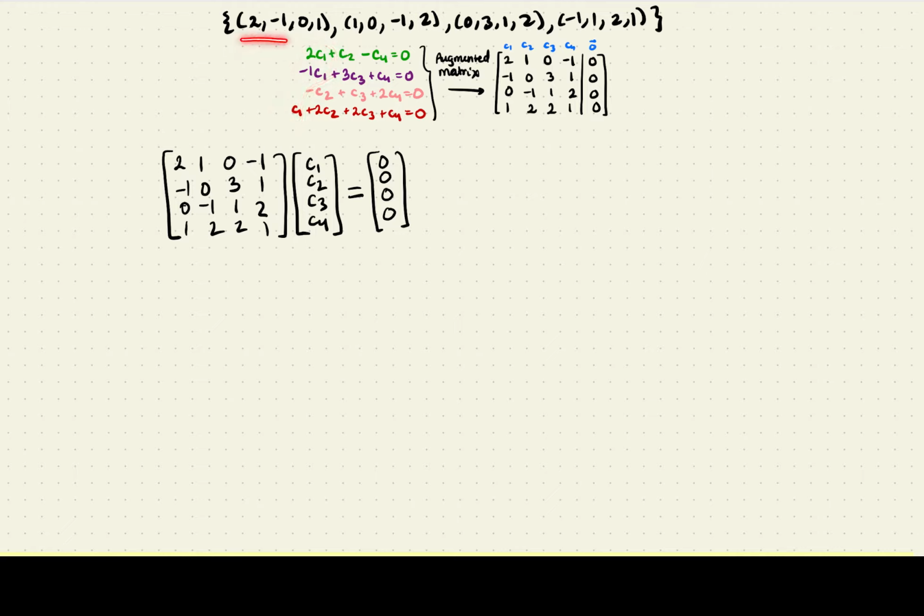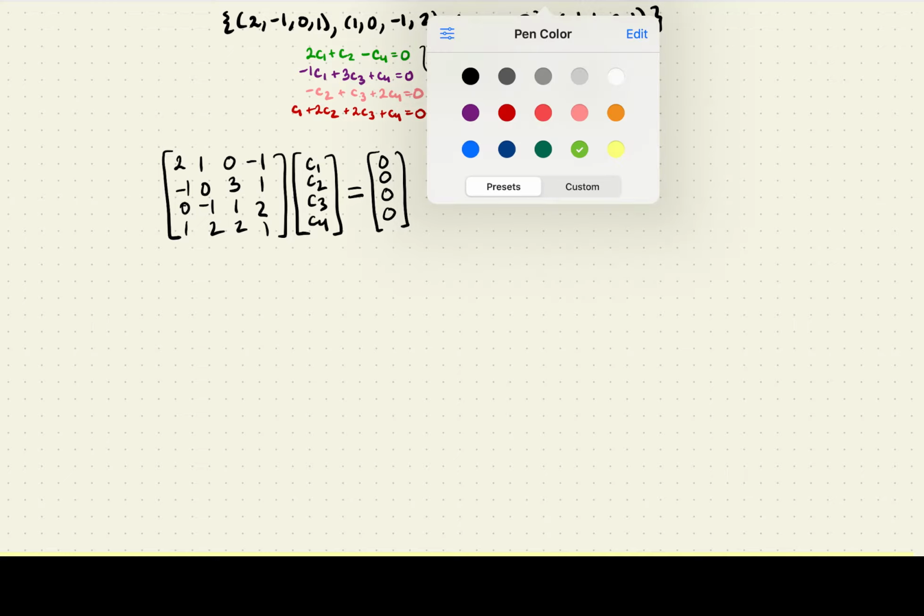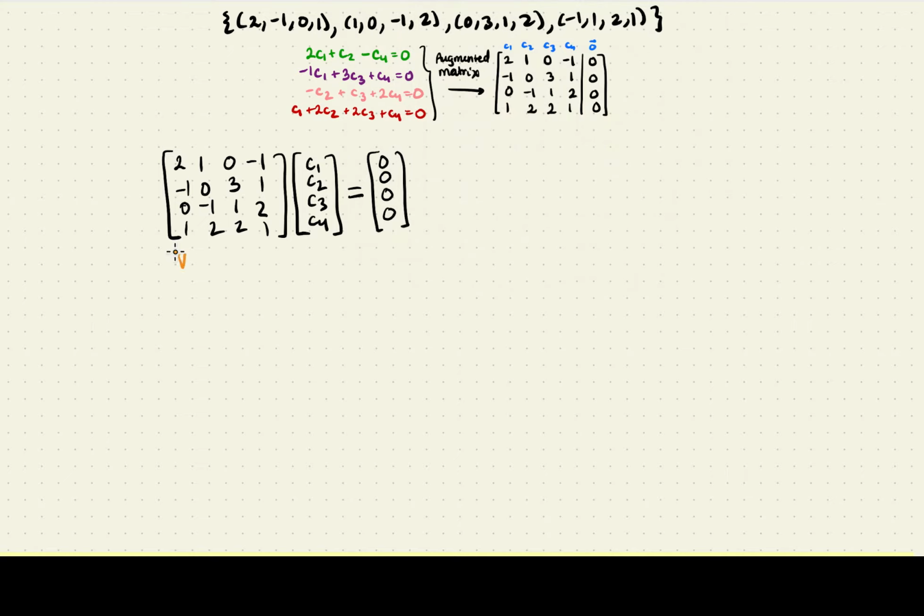That happens to be V1, my first vector in my set. V1 is the vector that's multiplying the constant C1, so it's ending up in the first column. Same thing for V2, that's all of the elements being multiplied by C2. There's V3 and V4.